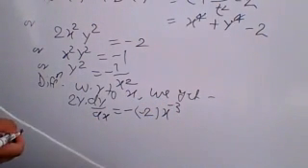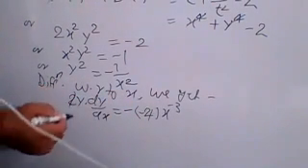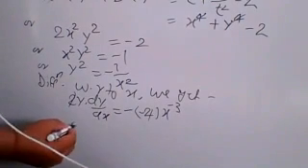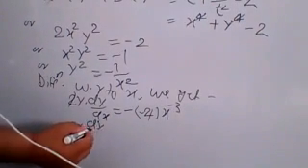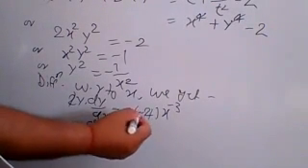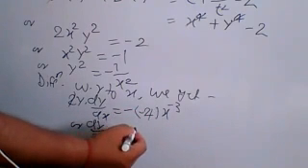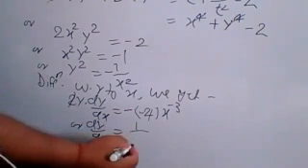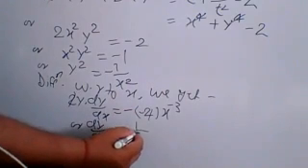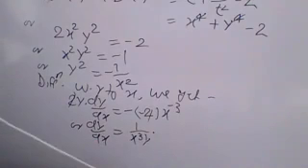This 2 and 2 cancel out from both sides, and minus and minus becomes positive, so you have the value of dy by dx equal to 1 upon x cube y, and this proves your result.